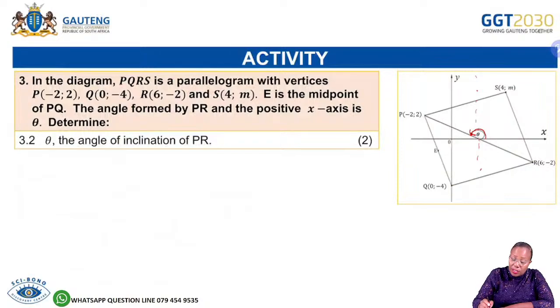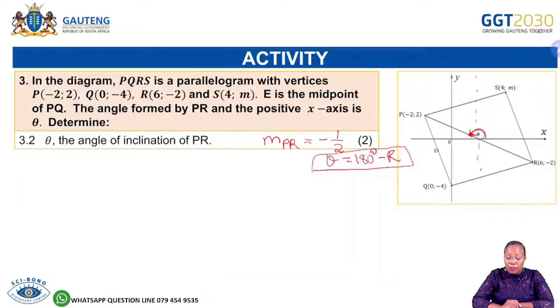We are depending on the M of PR because inclination stops at that line. M of PR, remember, we have just calculated as being minus a half. Now if it is negative, that means our inclination will be 180 minus the reference angle. That is the expected inclination calculation.